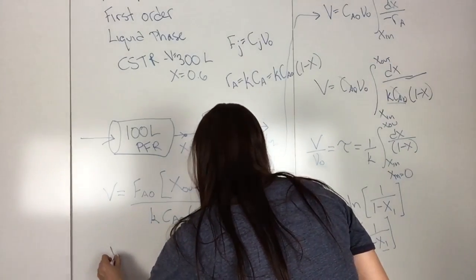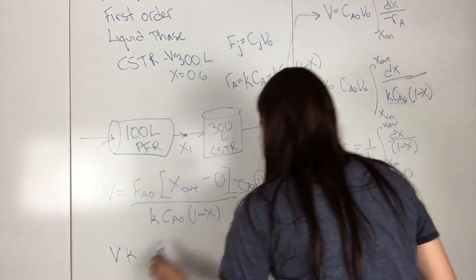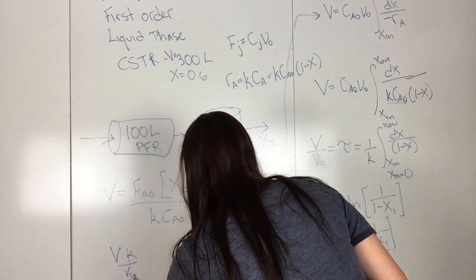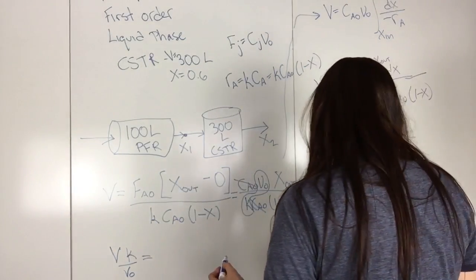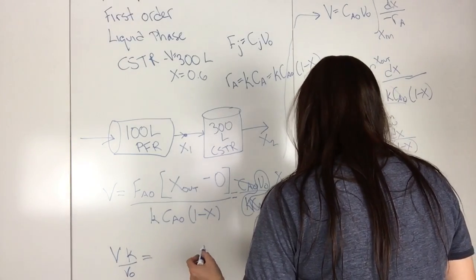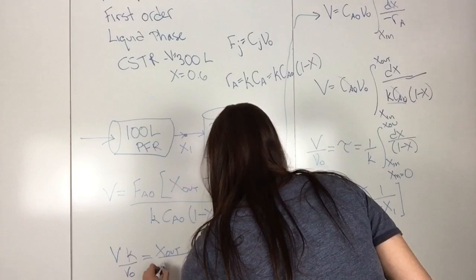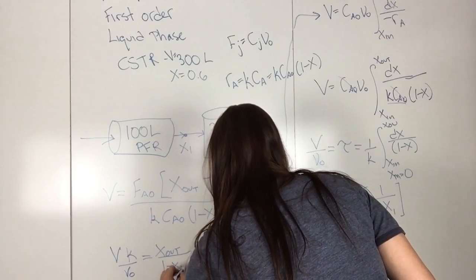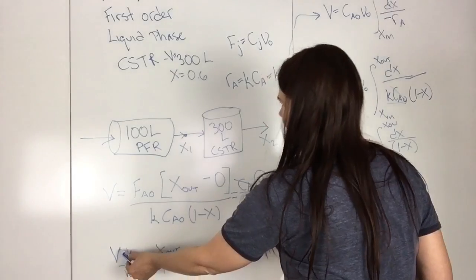I'm going to multiply over the K, divide through by V naught, and this equals X out divided by 1 minus X out.